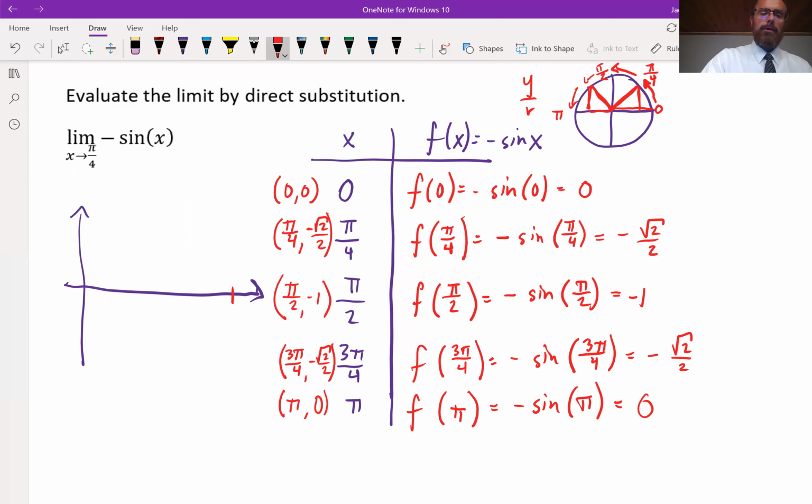Let's partition our x-axis here. So 0, pi over 2. And between those guys, we'll put pi over 4. There's pi, and between those is 3 pi over 4. So here's our 1, our 0 on the x, and -1.